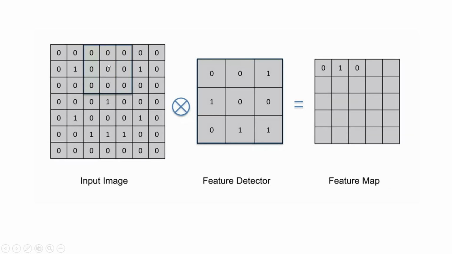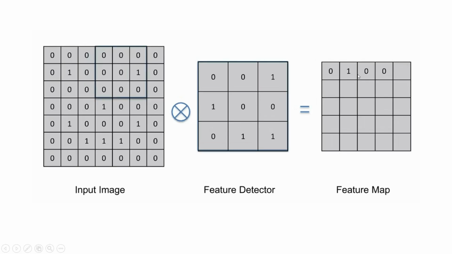Next, in the same manner, the feature detector or filter is now applied on the third column. So here these three rows and these three columns will be filtered and their corresponding feature map is generated in this manner.